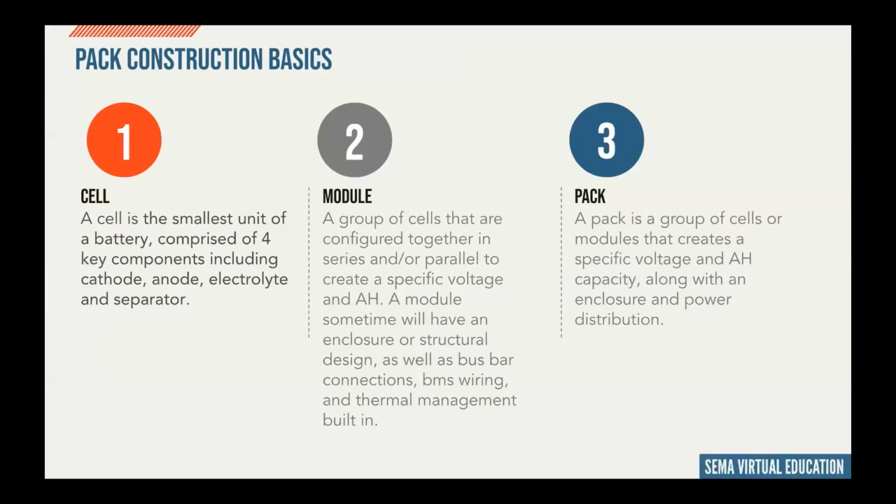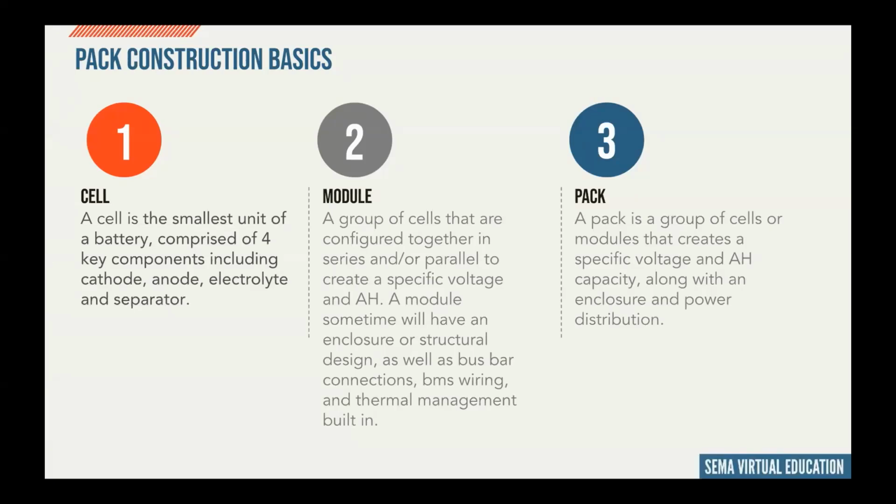So the pack construction basics. I've used these terms already, but I want to dig a little bit deeper on the construction architecture. At the fundamental level, batteries are made up of cells, and it's the smallest unit of a battery, and it includes, typically, depending on the technology, these four key components, which is the cathode, the anode, the electrolyte, and the separator.